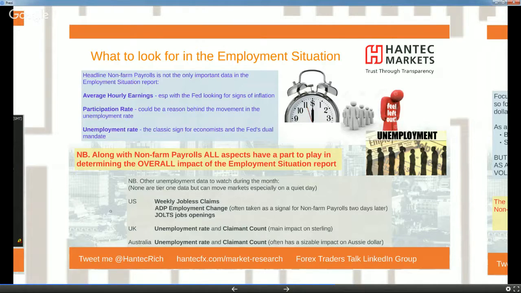The quit rate basically is where labour market participants are more confident about their jobs, so they are more confident that they can quit their job and find a new job rather than staying in their old job because they're worried about the strength of the labour market and being able to change jobs successfully. So the quit rate is a pretty positive correlation indicator to how the labour market is doing.